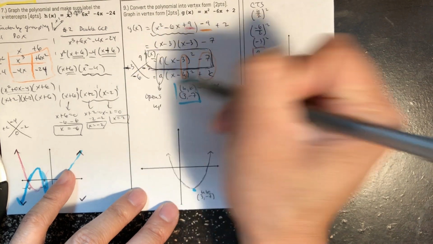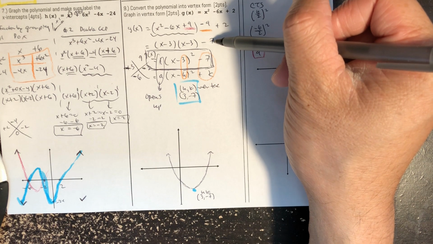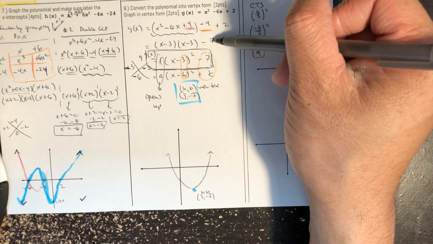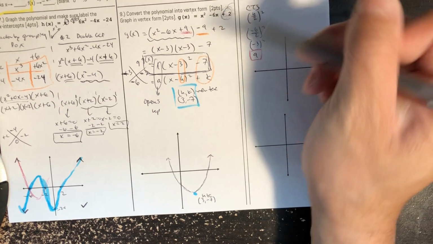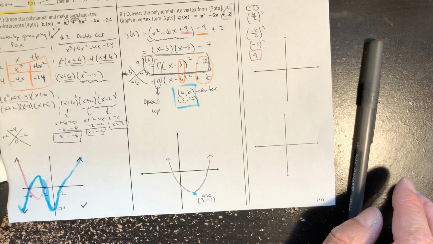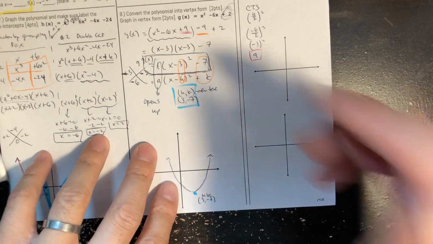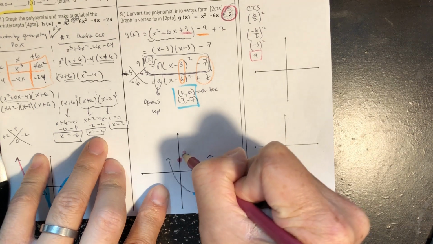Opens up. Now remember, this temptation is your y-intercept is not -7. Your y-intercept is actually 2. Let's note that on our graph. 2. How do I show 2? What color can I use? This 2 here should go right there.